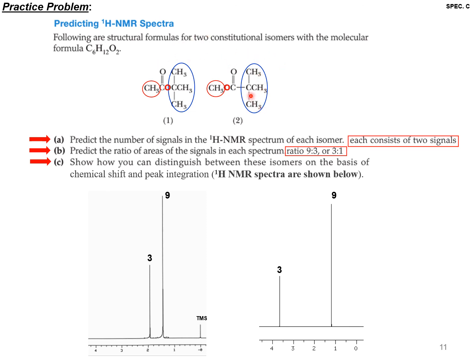We know that there are 9 equivalent hydrogens for t-butyl and there are 3 equivalent hydrogens for methyl. So obviously this peak belongs to a t-butyl, this belongs to a methyl, this is a t-butyl peak, this is a methyl peak. You can use chemical shift information in order to actually identify which spectrum belongs to which isomer.